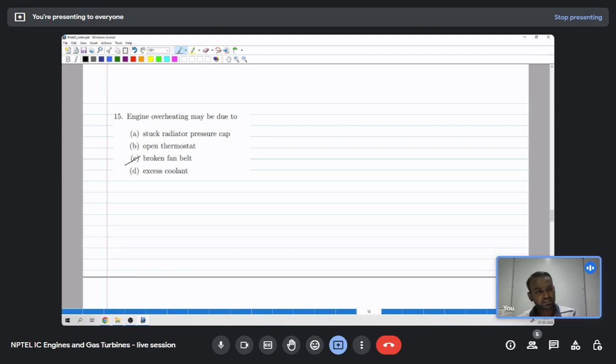Stuck radiator pressure cap means the radiator pressure cap cannot be opened because it is stuck, and that will not create any issue with the cooling system of the engine. And when the thermostat is open, it will always allow the coolant to flow out. So the warming up will be delayed, but the engine will not get overheated just because of the open thermostat.